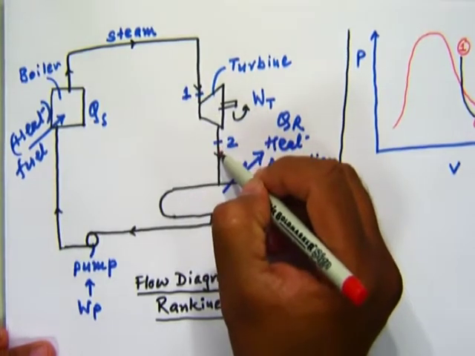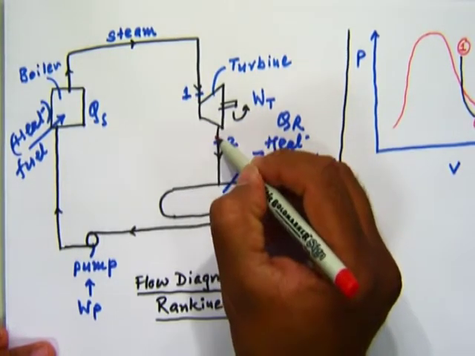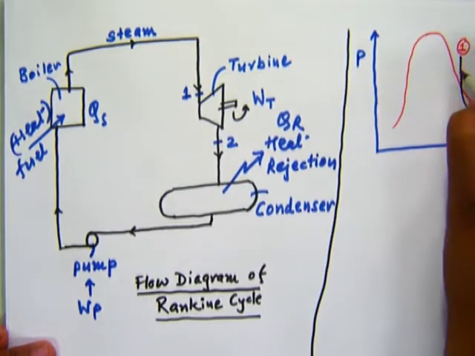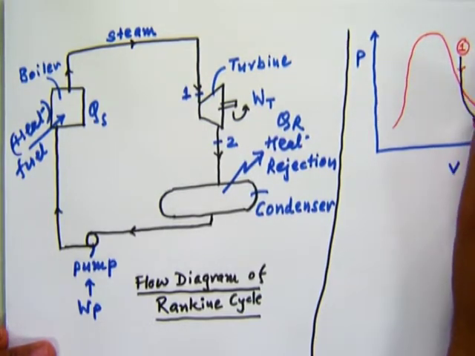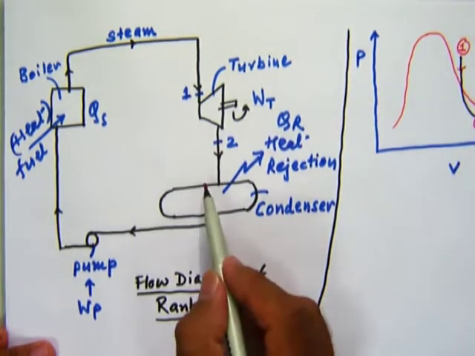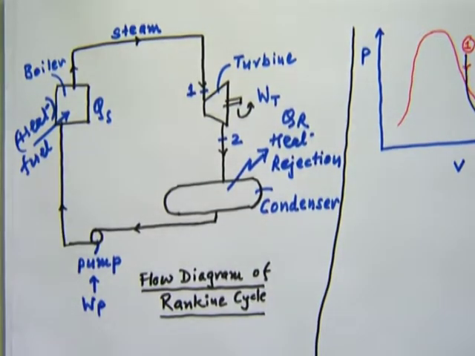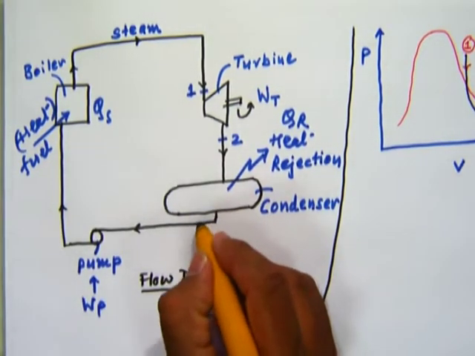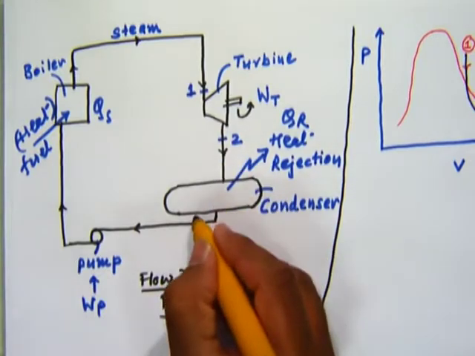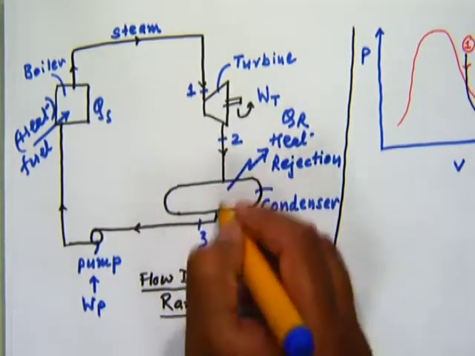Expansion of the steam takes place in the turbine. This happens in turbine, 1 to 2. 2 to 3 is in condenser.